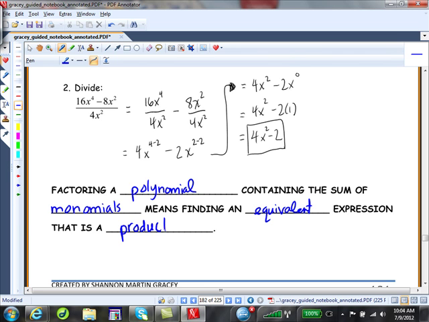So what we were doing for a big portion of chapter 5 was going from a product, a monomial times a binomial, monomial times a trinomial, polynomial times polynomial, and rewriting it as a polynomial in standard form. So now we're going to take a polynomial that's in standard form, which is a sum or difference of monomials, and write it as a product. Okay? All right. Here we go.